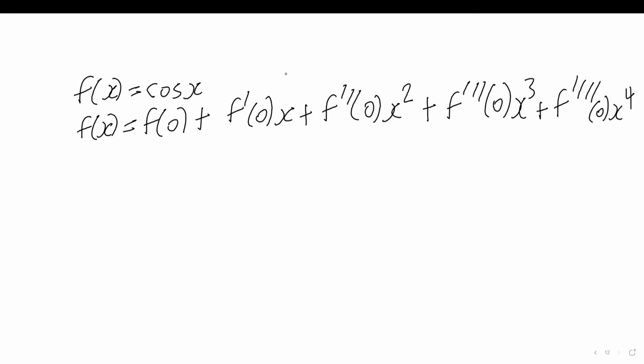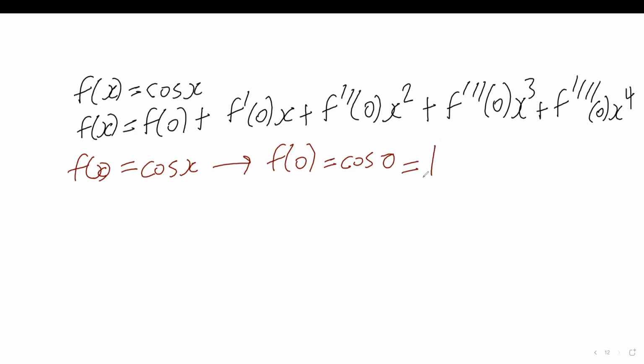So yes, there's a lot of derivatives for us to find. You know what I'm saying? Don't mind my grammar. If f of x is cos x, then f of 0 is the cosine of 0, and the cos of 0 is 1. Now f prime of x is going to be, when you differentiate cos, you get minus sine x.